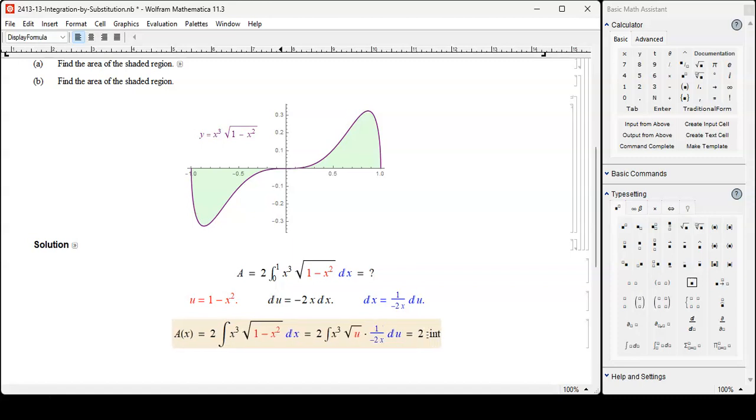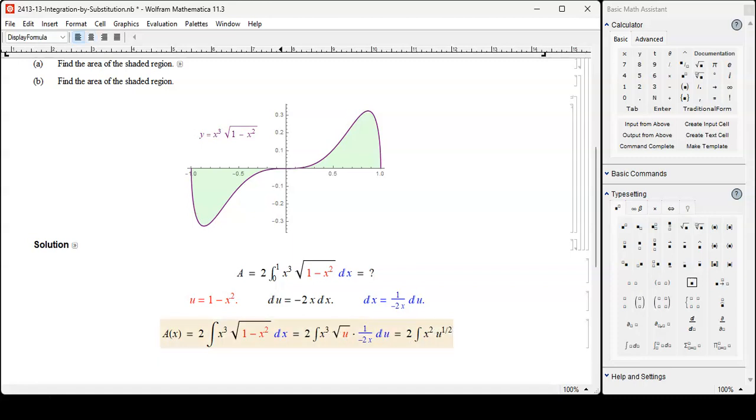Twice the integral of x cubed and u to the 1/2 power. I'm kind of running ahead, as a matter of fact. x cubed and x cancel out, and this becomes x squared.